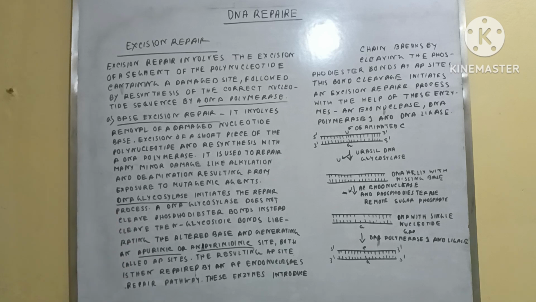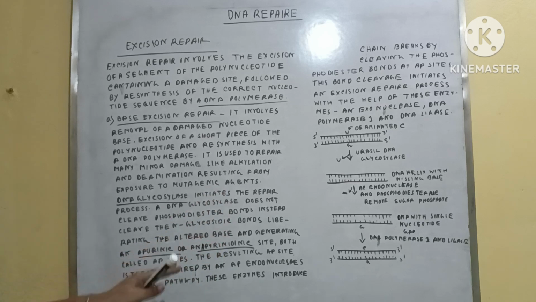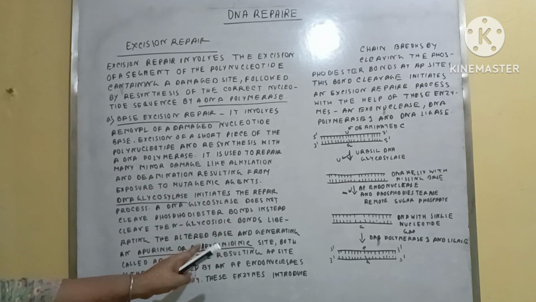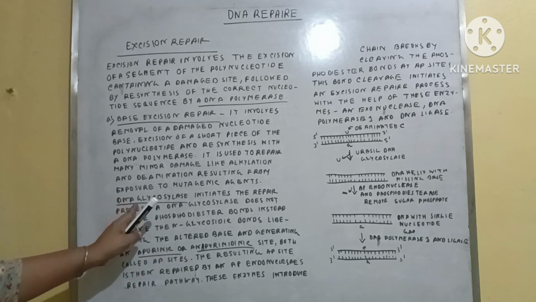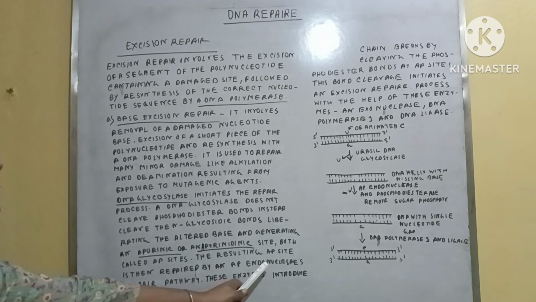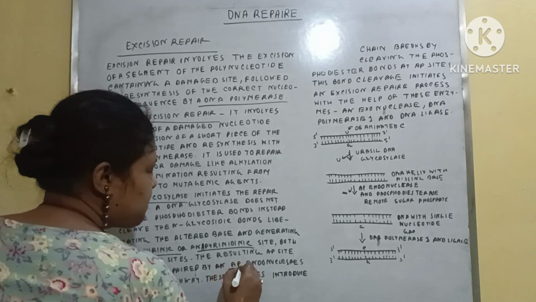So what is happening here? In the first step, the N-glycosidic bond is cleaved by the enzyme DNA glycosylase. The phosphodiester bond is broken by AP endonucleases.